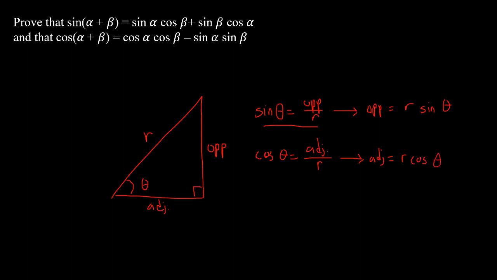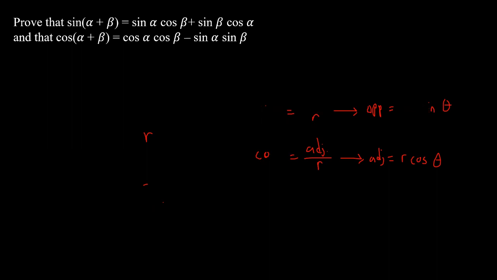So for the opposite side of an angle in a triangle, it's equal to r, the hypotenuse, times sine theta, whereas for the adjacent side of the angle theta, it's equal to the length of the hypotenuse multiplied by cosine theta. Alright, with that out of the way, we can continue on with the proof.